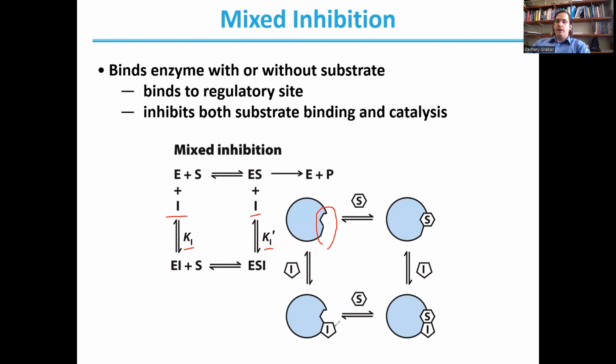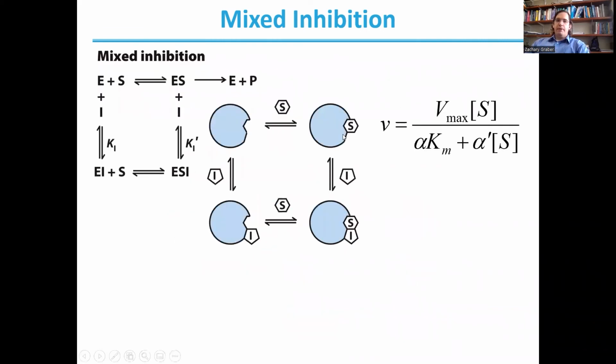So our inhibitor is affecting the interaction with our substrate, but it's not necessarily completely blocking it the same way that was in our competitive inhibition. This sort of mixed inhibition essentially acts as a combination of competitive and uncompetitive inhibition in terms of our quantitative calculations. So now we have an alpha term with our Km and an alpha prime term with our substrate.